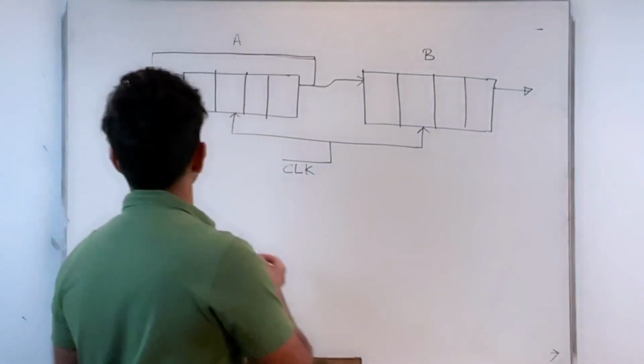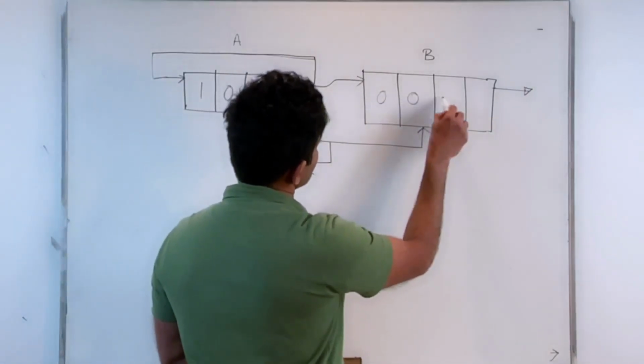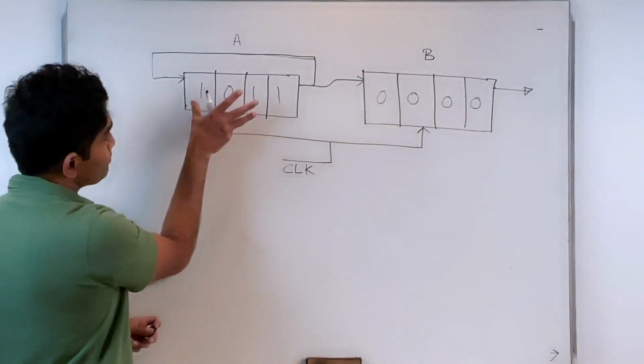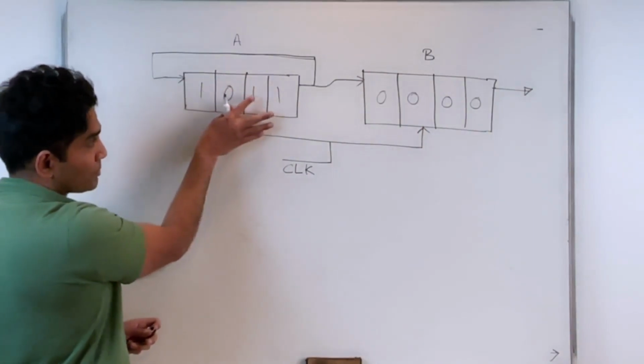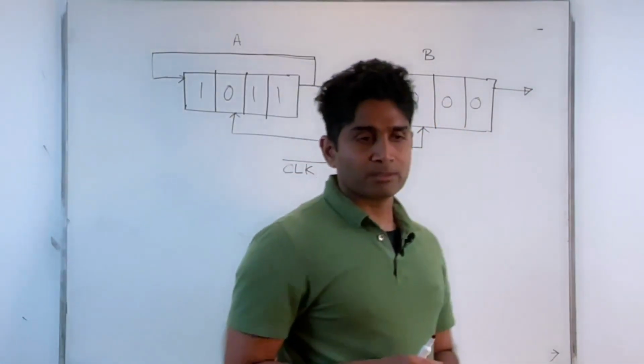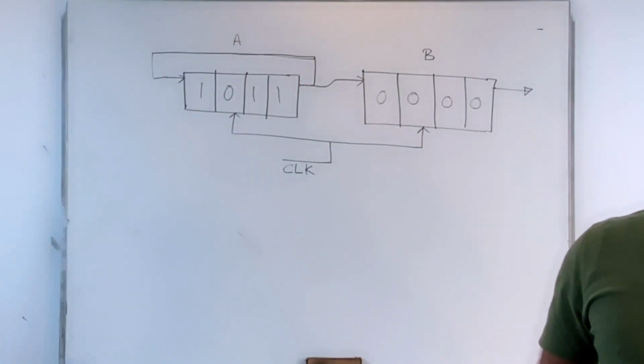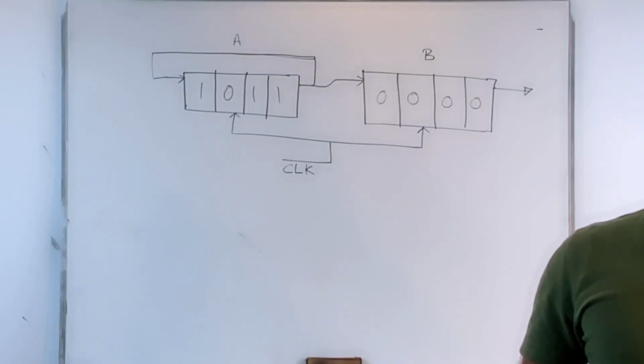Let's say some value is here, 1, 0, 1, 1. These are all cleared to start with. I want to shift this value into this register, 1 bit at a time, synchronized with the master clock. How many clock pulses would it take for me to shift the value of A into the B register?